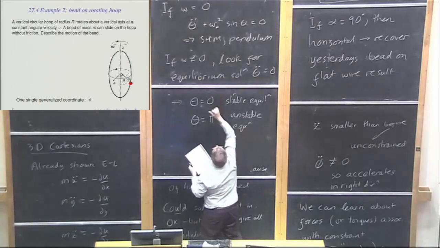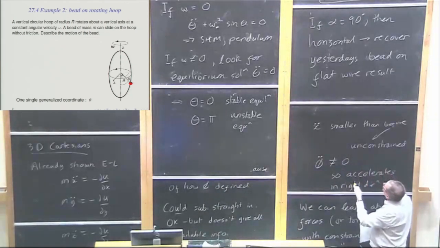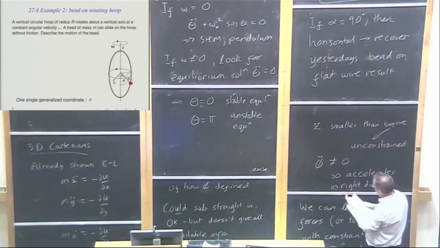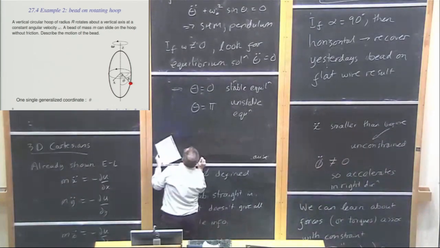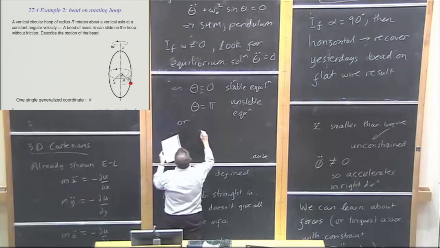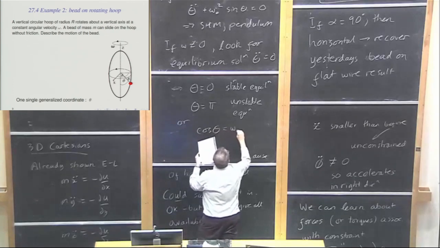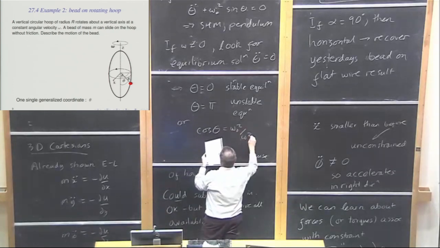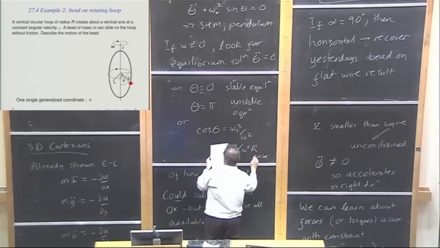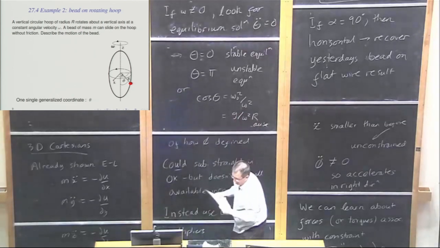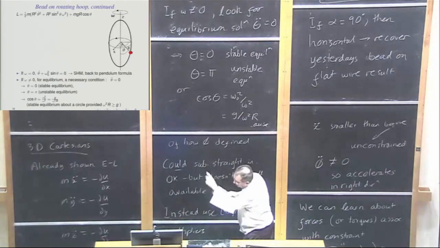But there's another way to get theta double dot equal to 0, and that's if you make what's in this bracket itself vanish. So the other solution would be if you set cosine theta to omega naught squared over omega squared, which is g over omega squared r. That's all written there.